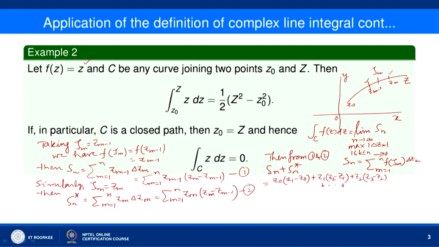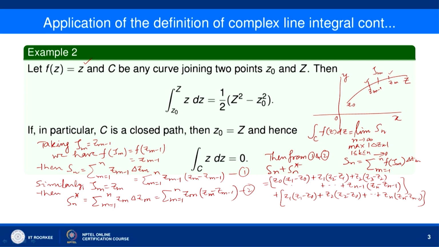When you put m equal to n, we get Z n minus 1 into (Z n minus Z n minus 1). This is the value of S n, plus S n star. For S n star, we put m equal to 1 to n: Z1 into (Z1 minus Z naught), Z2 into (Z2 minus Z1), and so on, Z n into (Z n minus Z n minus 1).